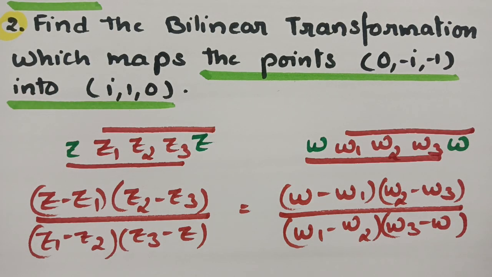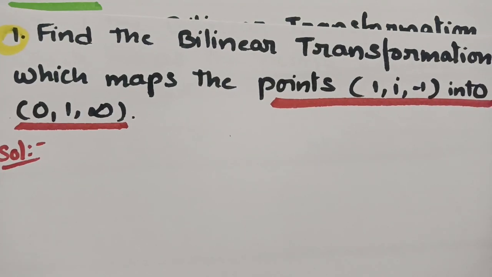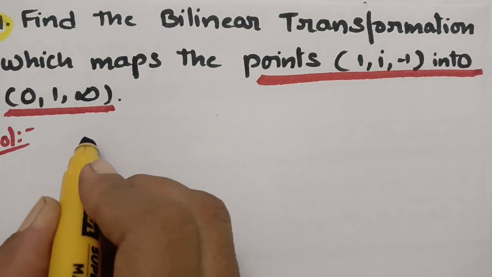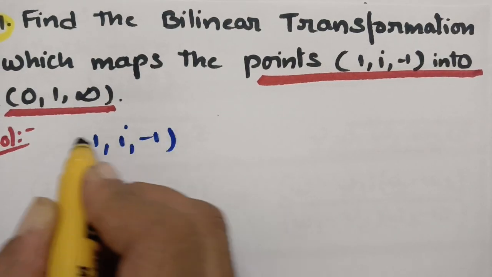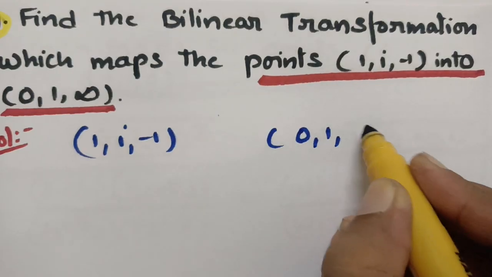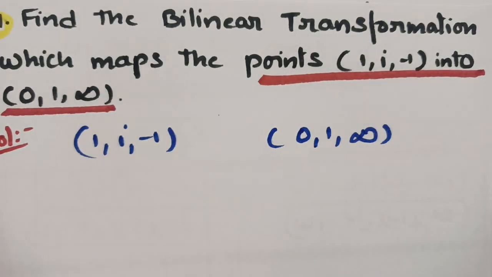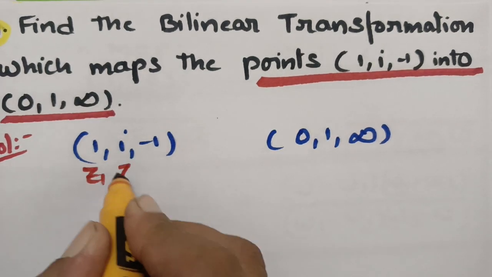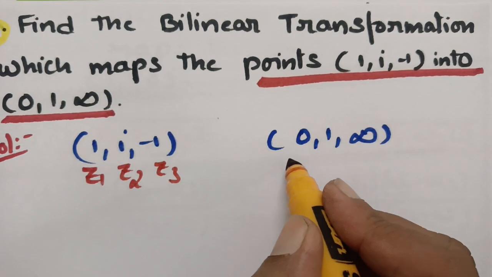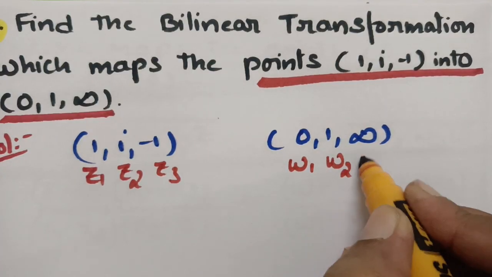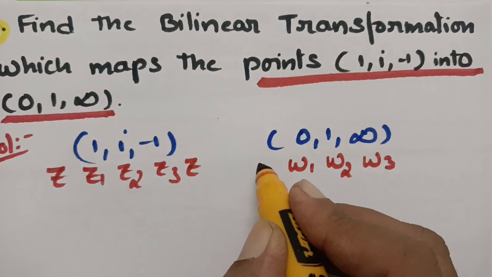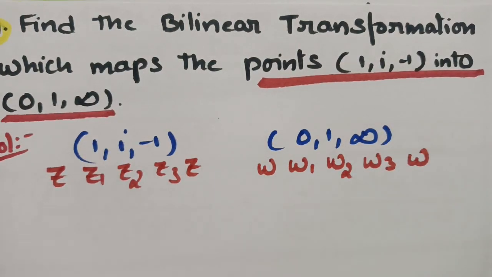The first question is to find the bilinear transformation which maps the points given as 1, i, minus 1, and here it is given as 0, 1, infinity. The first points we consider as Z1, Z2 and Z3, and these are W1, W2 and W3. Here I am adding Z on either side and W on either side. I have just told you how to remember this formula.